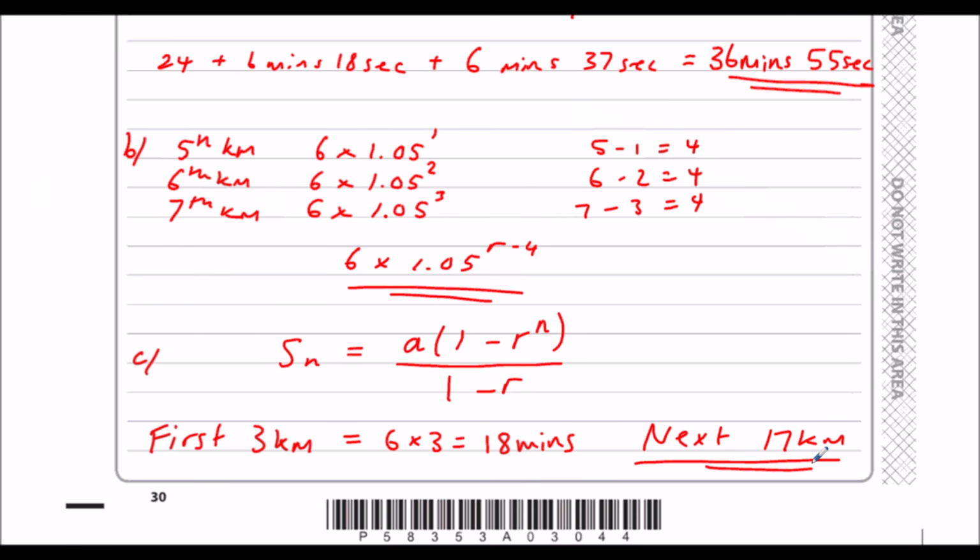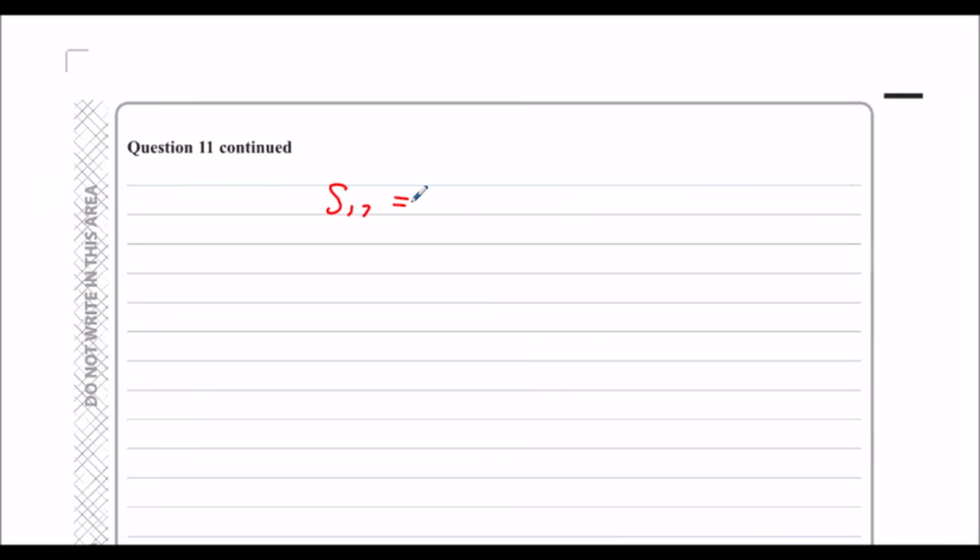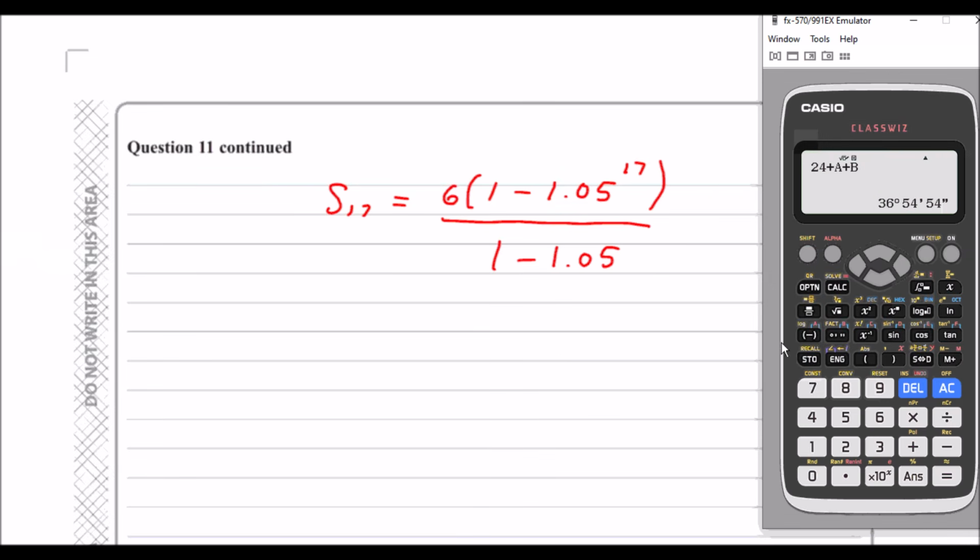So using our formula, S of 17 is a, which is 6, times 1 minus r, which is 1.05, to the power of n, 17, over 1 minus r, 1 minus 1.05. So this will tell us the 17 kilometers, and then we'll add on the first 3, and that'll be the total. 6 times 1 minus 1.05 to the power of 17 over 1 minus 1.05.